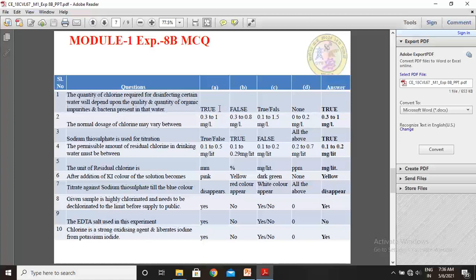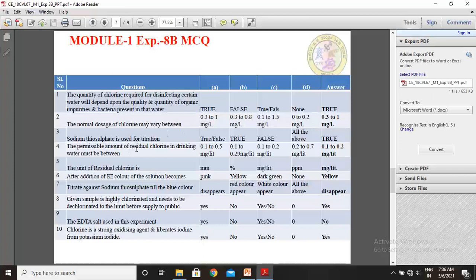Options: true or false, or true and false, none. Option is true. The normal dose of chlorine may vary between 0.3 to 1 milligram per liter, 0.3 to 0.8 milligram per liter, 0.1 to 1.5 milligram per liter, or 0 to 0.2 milligram per liter. Option is 0.3 to 1 milligram per liter.